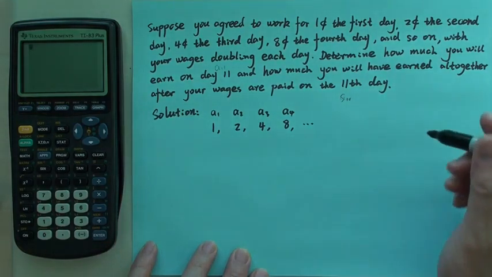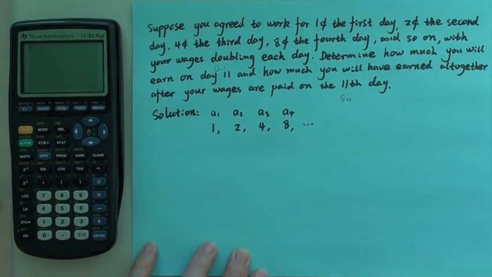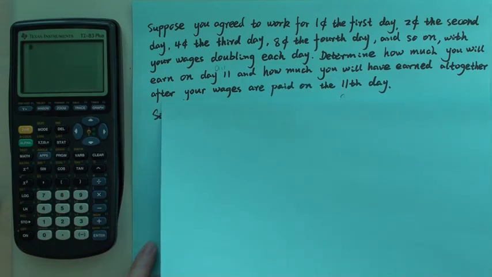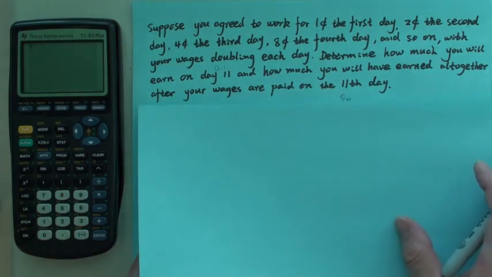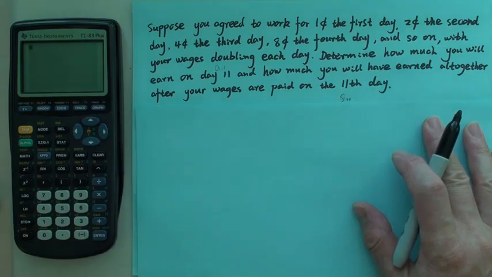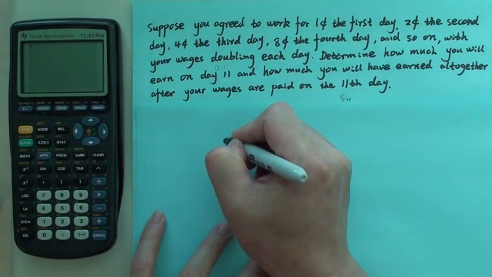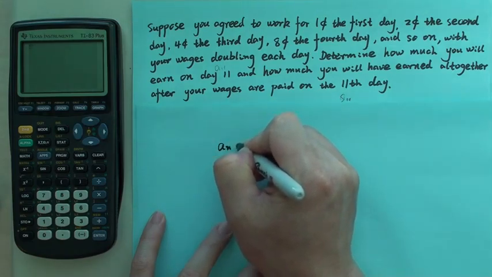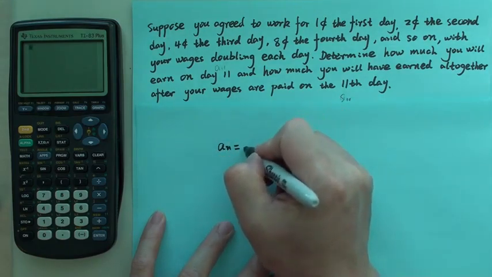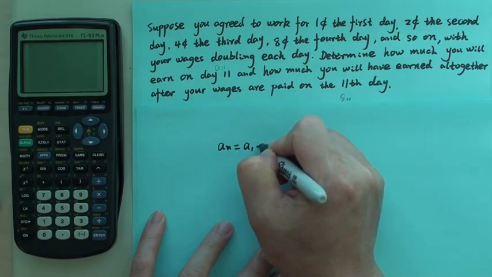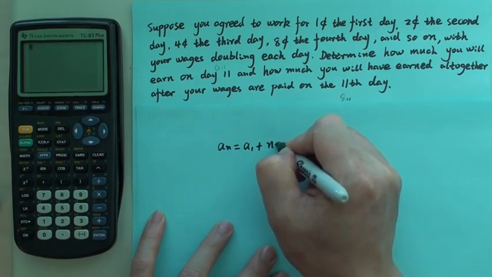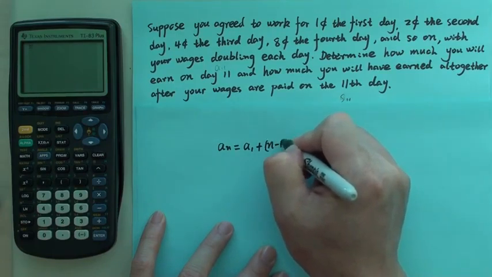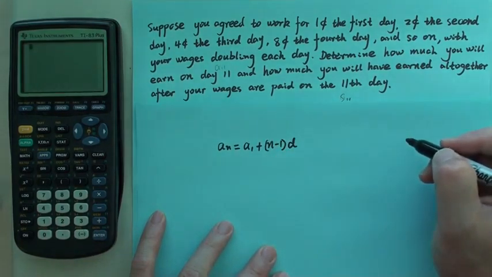Now, here are the things we need to remember. In the arithmetic sequence, we have A sub n equals A1 plus n minus 1 times d, the common difference.